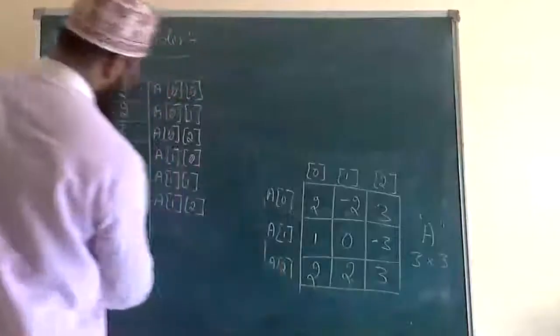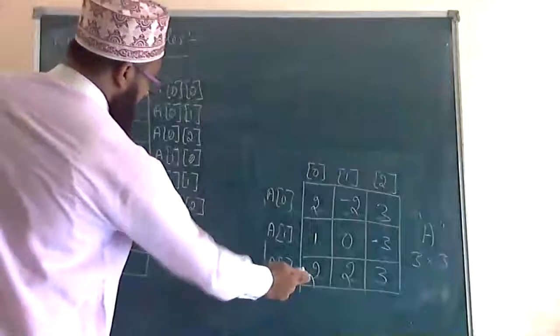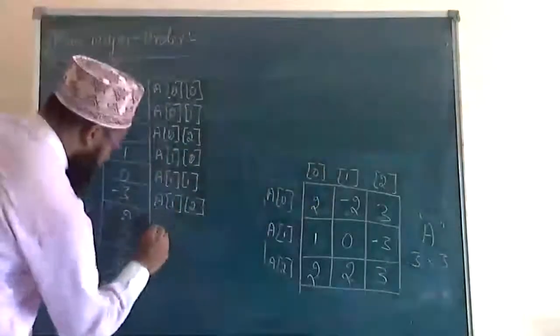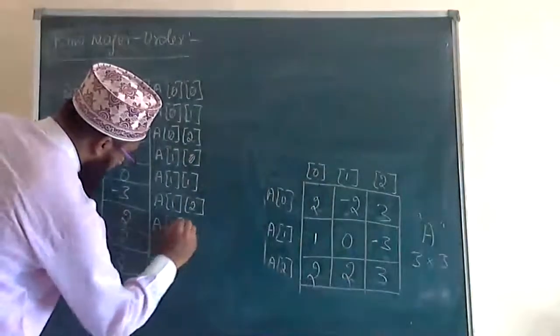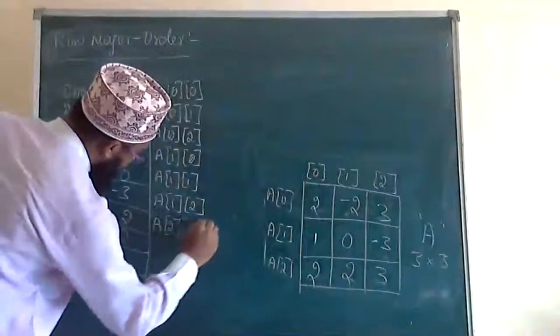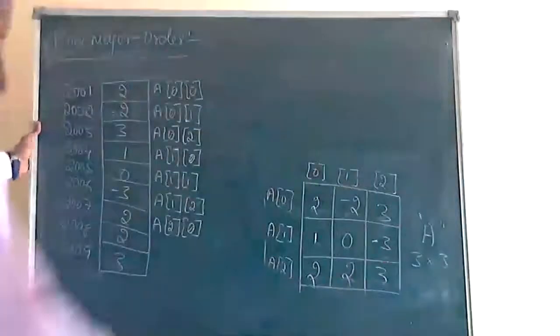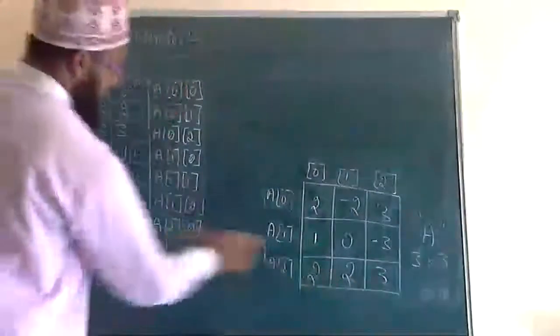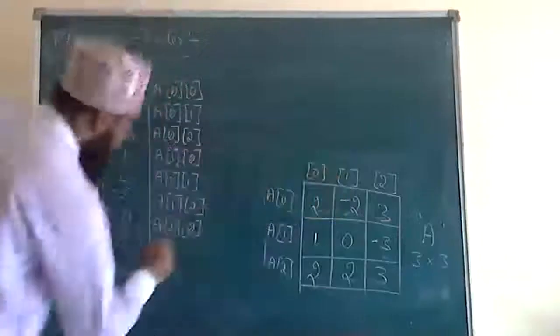Then for this 2, okay, this 2 is stored here, a of 2, 0, a of 2, 0. Okay, then for this 2, this is stored here. Okay, a of 2, 1.